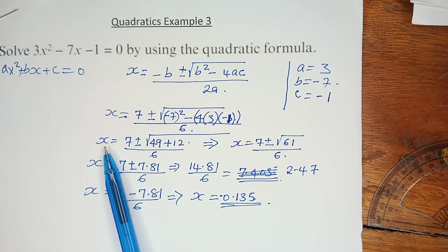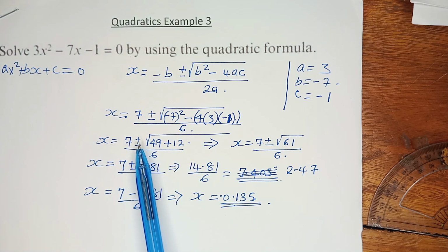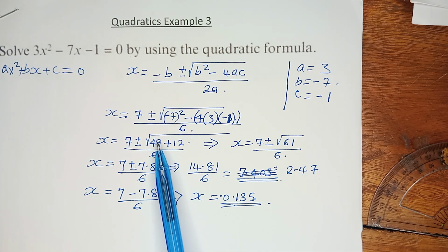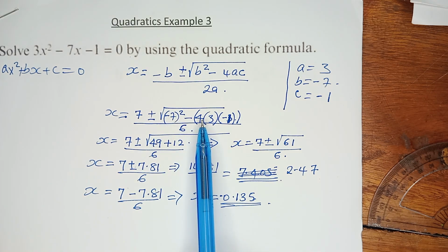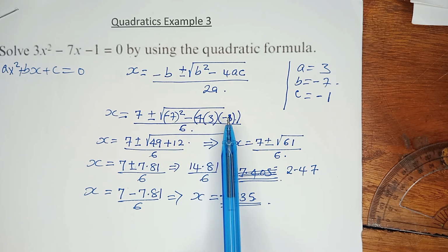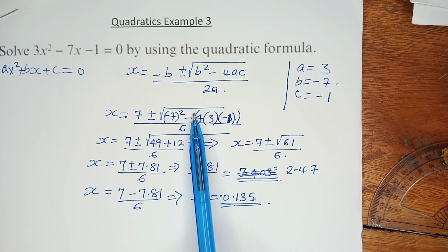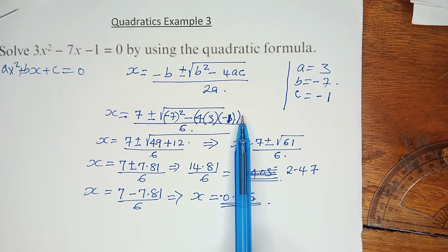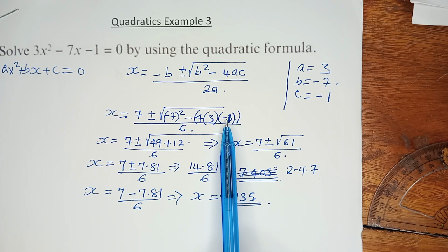Now we have x is equal to 7 plus or minus, (-7) squared is 49, minus 4 times 3 times -1. This bracket from here all the way to here gives us -12 because of the presence of this negative sign.